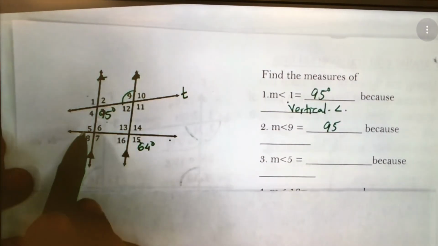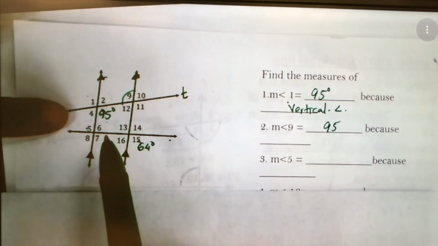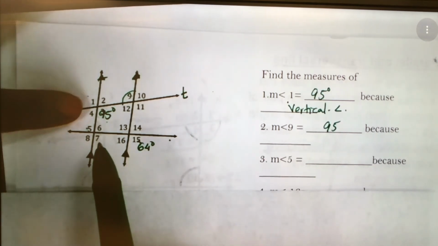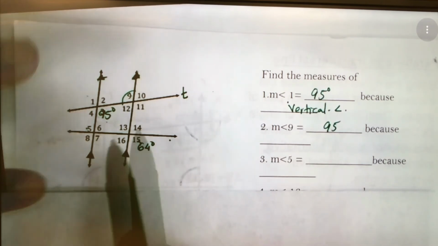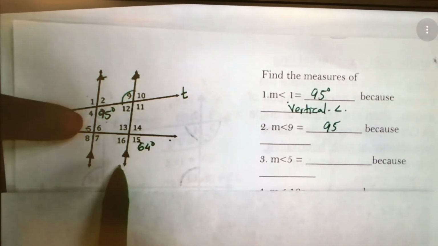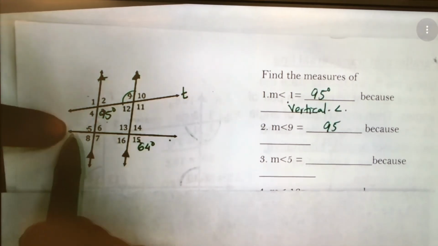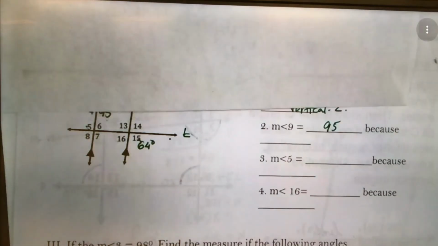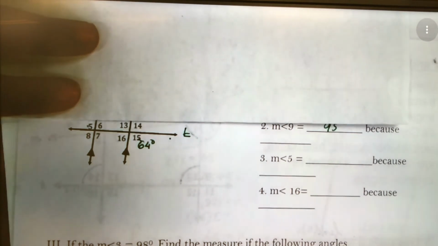So here is angle 5. I cannot connect those two, and I cannot take these two lines because they are not parallel. So I need to take these two lines, since angle 5 is over here, and take this line as a transversal line. Just cover up the other one. So I need to figure out angle 5.